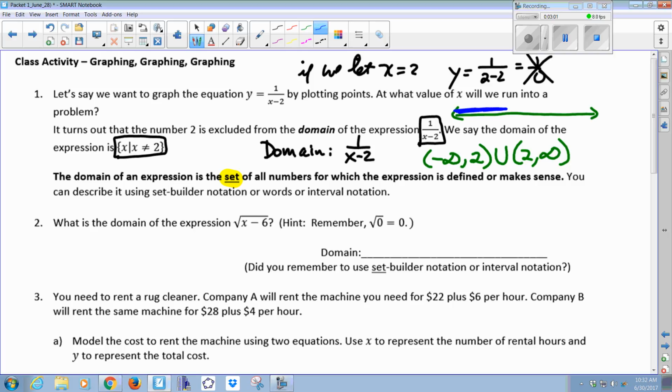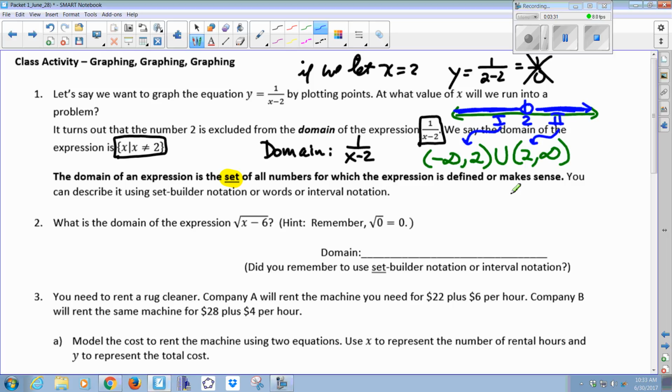All the numbers up to 2, we have an open circle at 2, and then all the numbers from 2 to infinity. So you see it comes in 2 intervals, and therefore you have 2 intervals connected with this union symbol if we had interval notation. You can see here that set builder notation is quite efficient to represent this set of numbers.